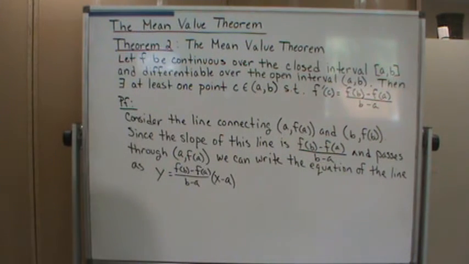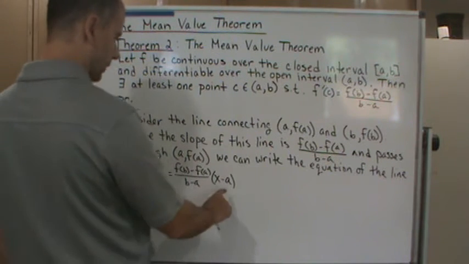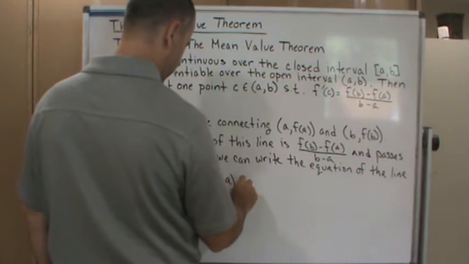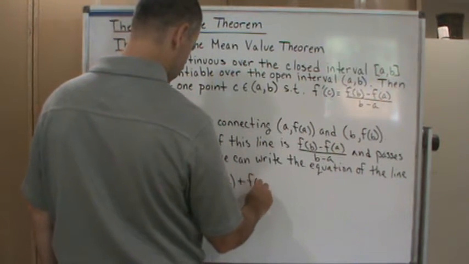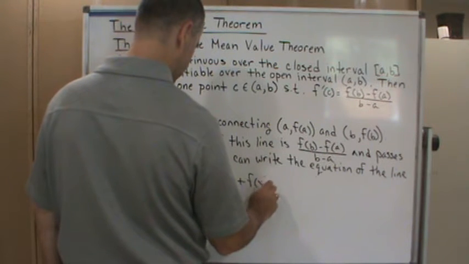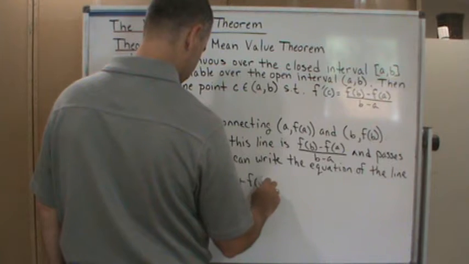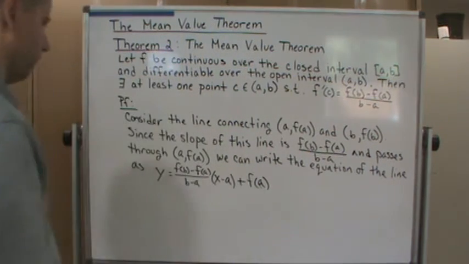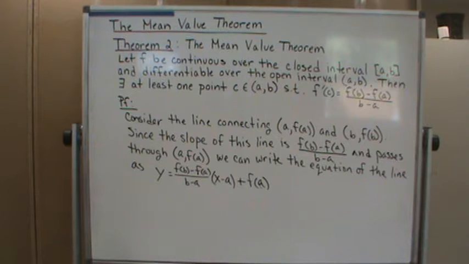Because we're talking about some value that's away from a, plus f of a. Okay, so that's the equation of the line for the secant line.